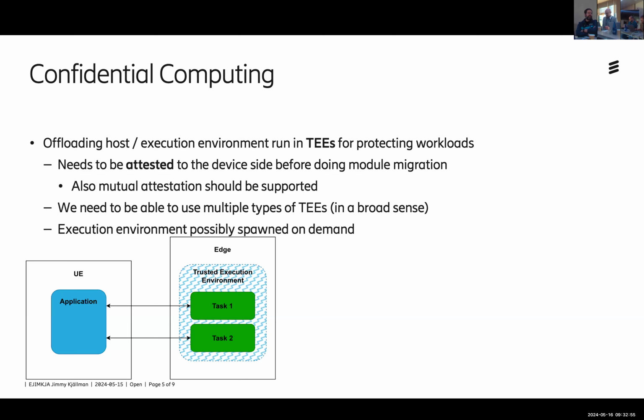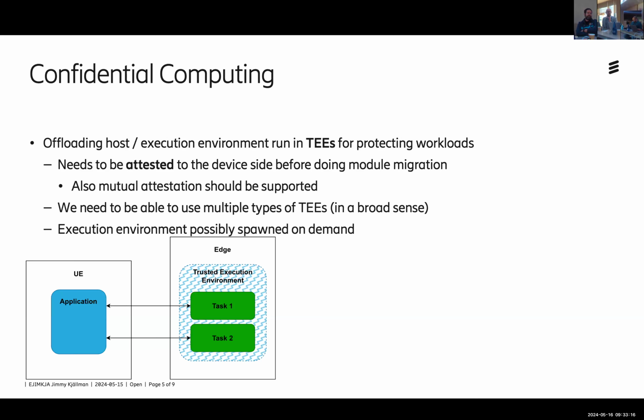But that also makes sense since we are running this TEE, and we also need to attest it to the device side. Obviously, again, this is a very standard confidential computing thing: we need to attest that we know what is running in this offload service environment.